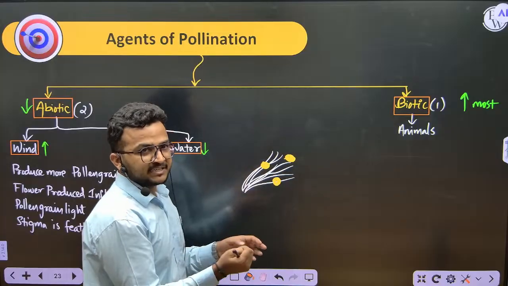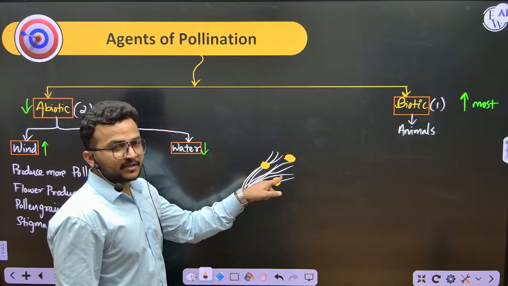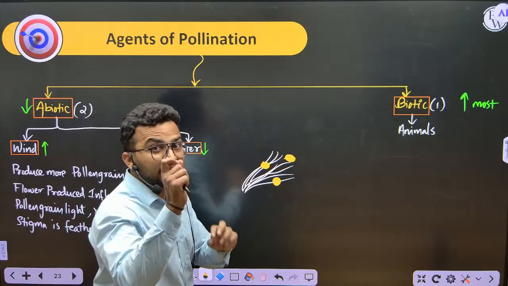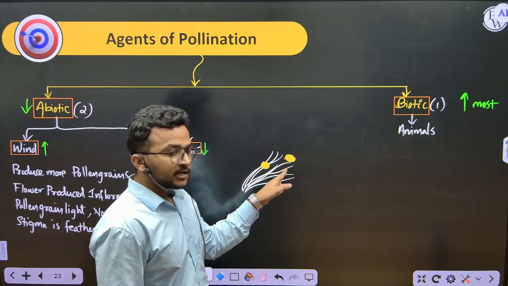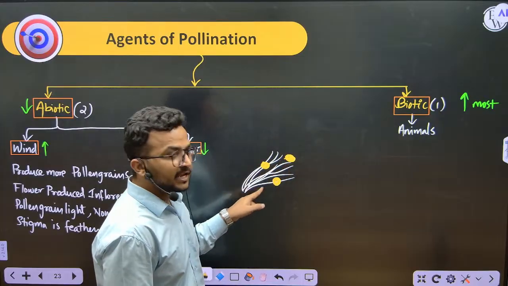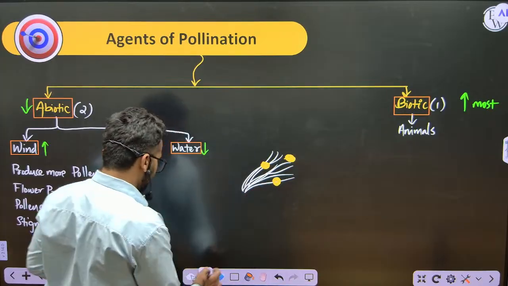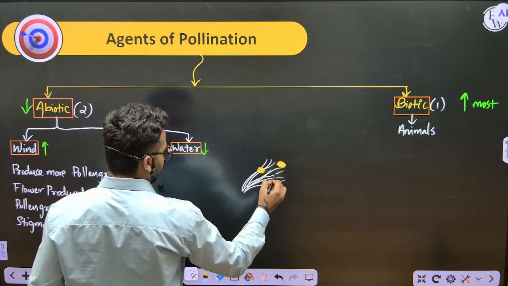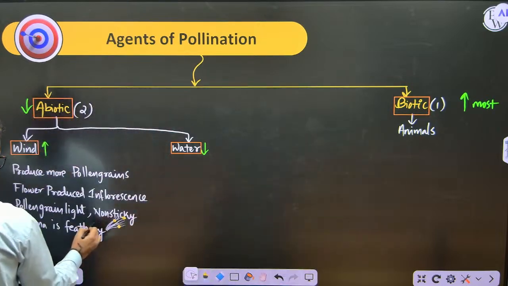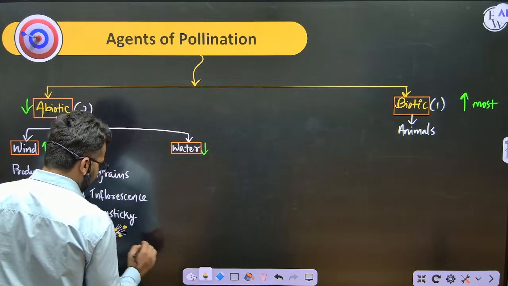The stigma is exposed and feathery so that airborne pollen grains are trapped in this feathery, hair-like structure. So it is feathery so that it can catch airborne pollen grains.